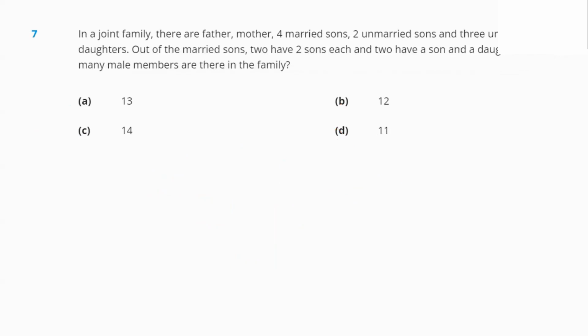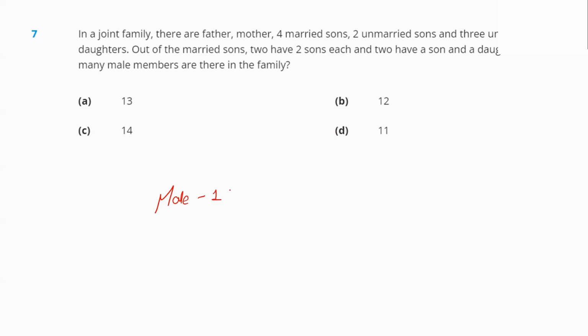In a joint family, there are father, mother, 4 married sons, 3 unmarried sons, and 3 unmarried daughters. Out of the married sons, 2 have 2 sons each and 2 have a son and a daughter each. How many male members are there in the family? So let's count male members.